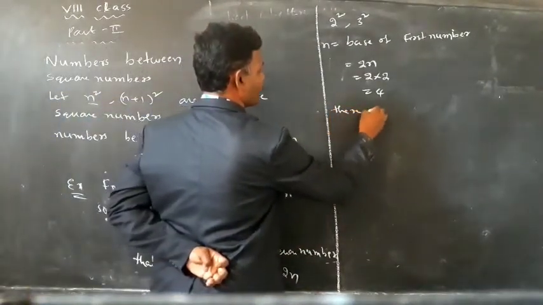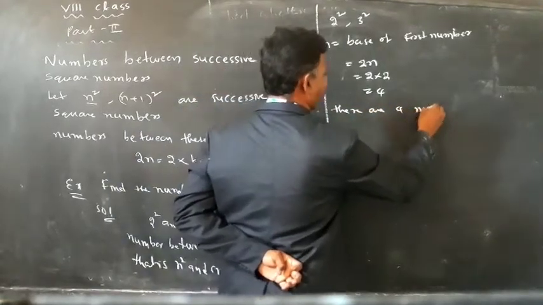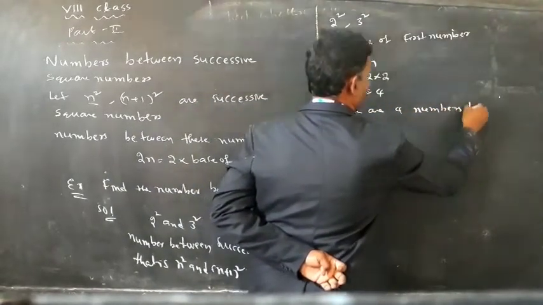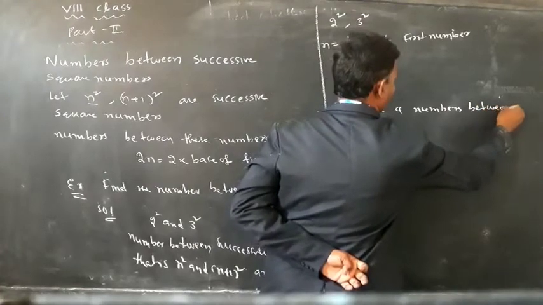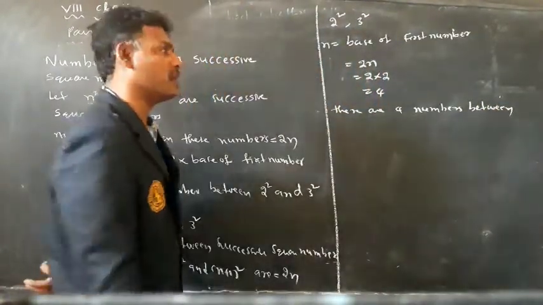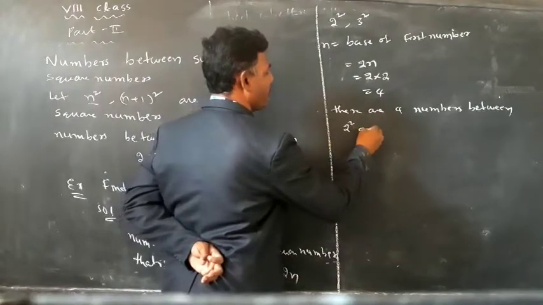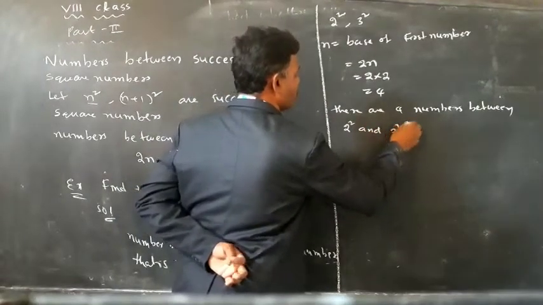So there are 4 numbers between 2 square and 3 square.